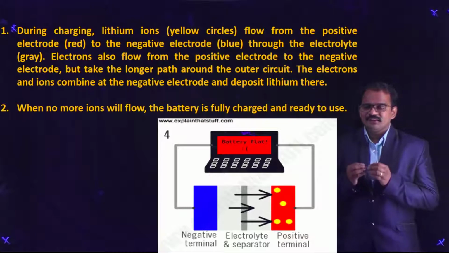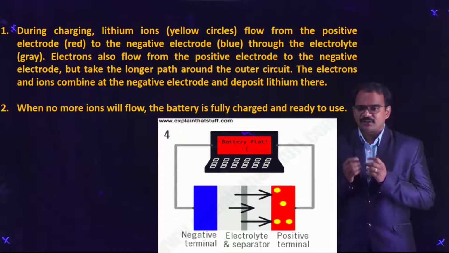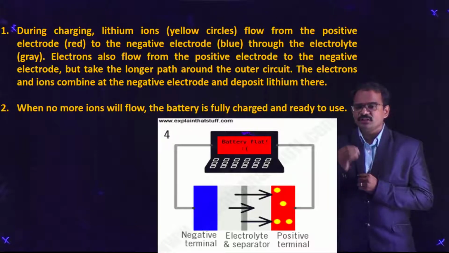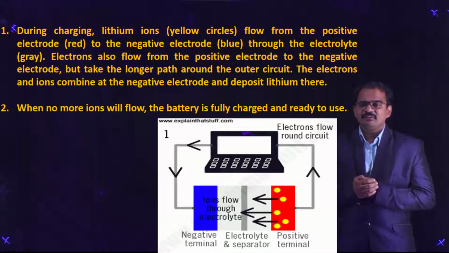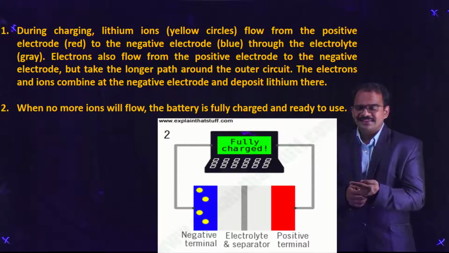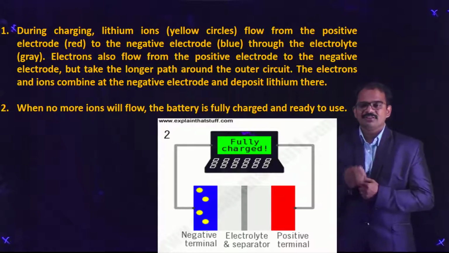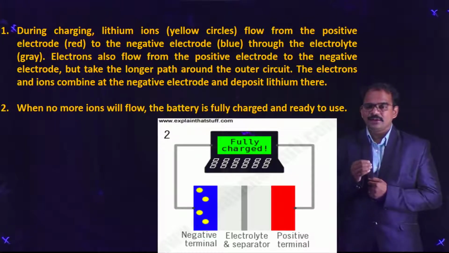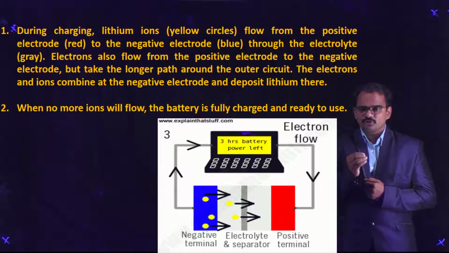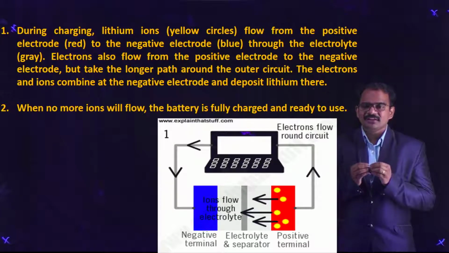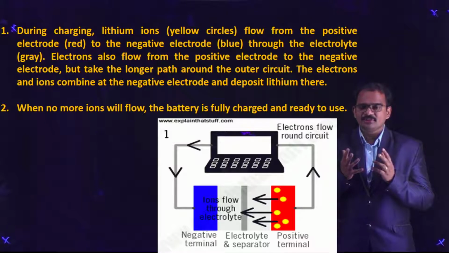Now let's see the operation of these lithium ion batteries, which are extensively used in our laptops. Whenever the laptop has to be charged, we plug in the electrical source. Then the lithium in the positive terminal of the battery gets converted into lithium ions and electrons.